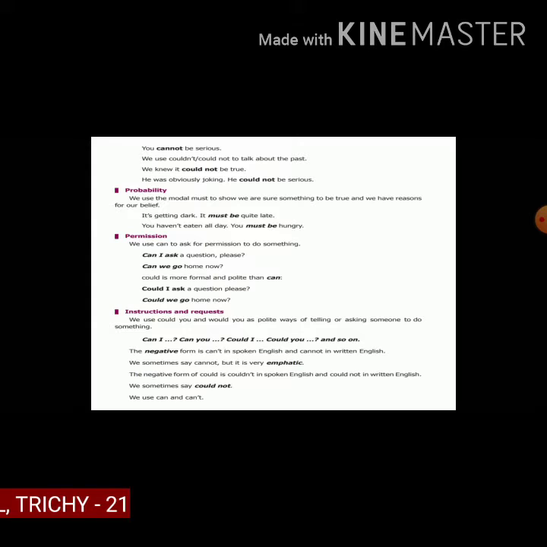Next, probability. What is probability? Something may happen. We use the modal must to show we are sure something is true and we have reasons for our beliefs. We have to predict and believe. It's getting dark.